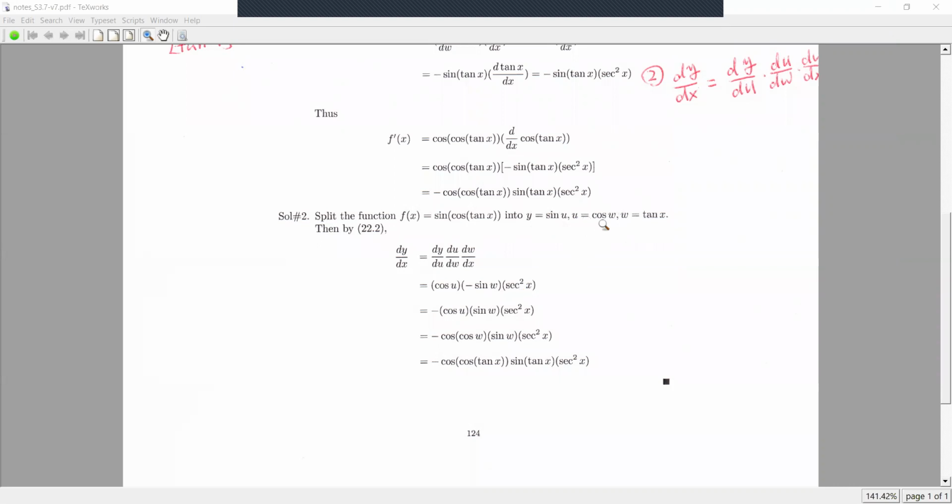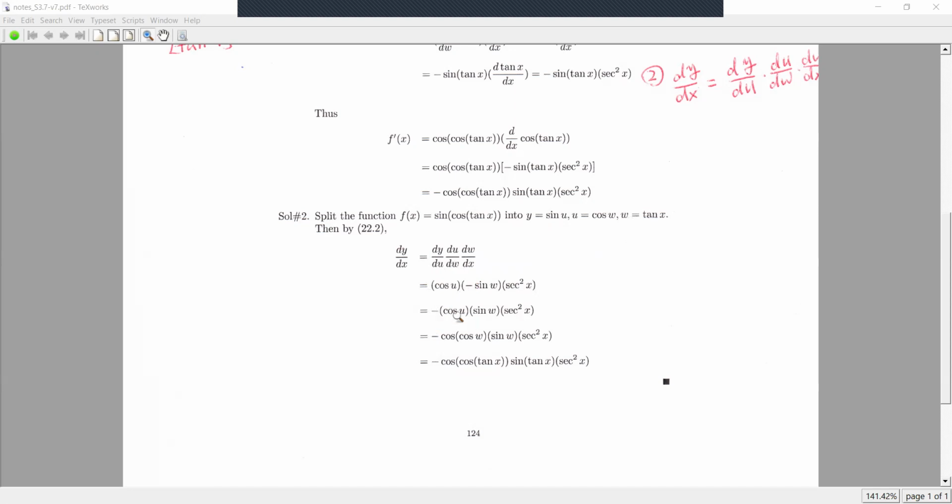The derivative of cosine of w is negative sine of w. Derivative of tangent of x is secant squared x. Move the negative sign in the front, then I have this equation.